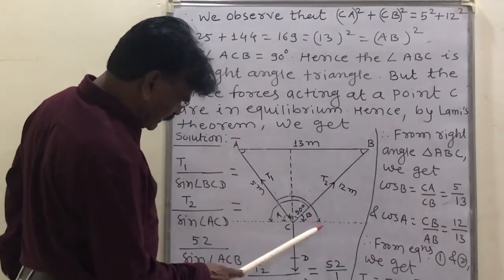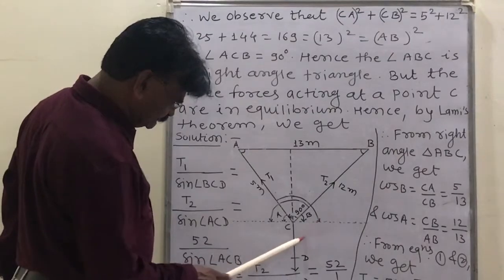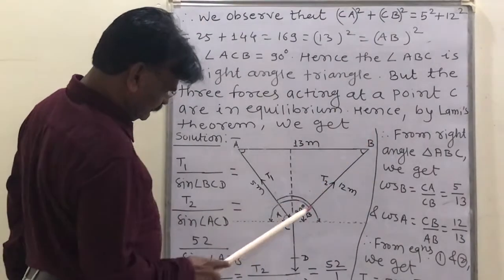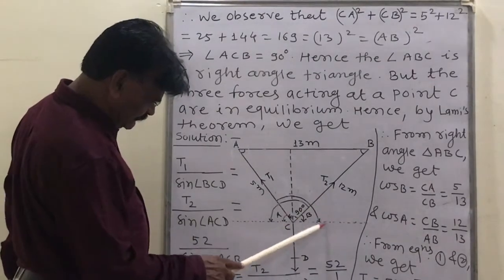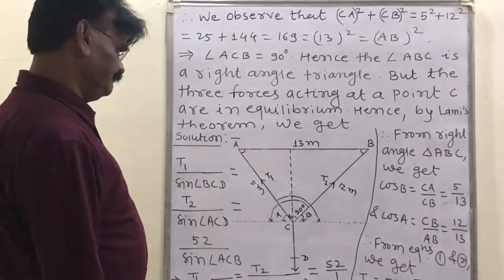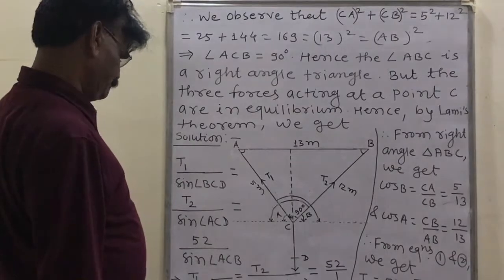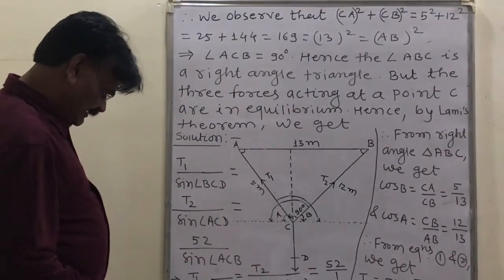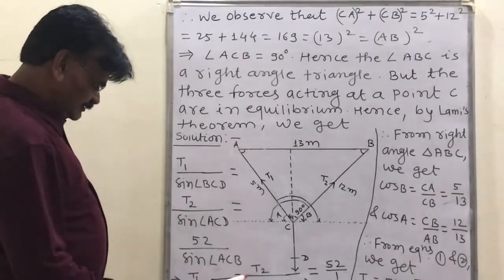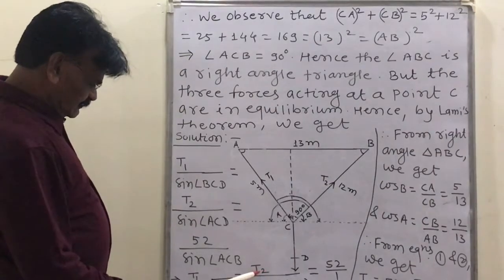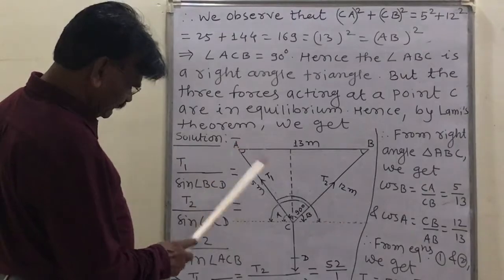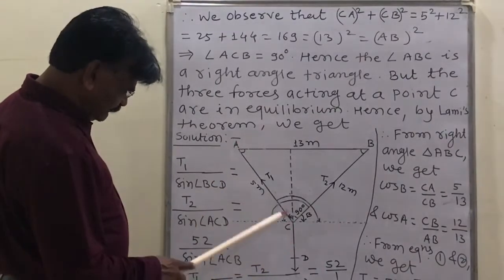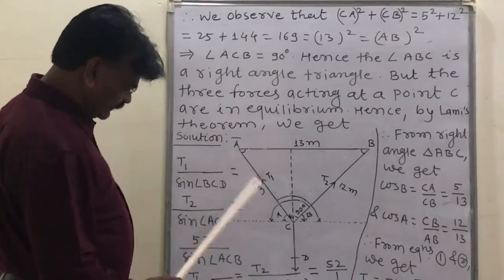This angle B plus this angle BCD, this complete angle is 90 plus B. So write down here 90 degree plus B, which is equal to T2 divided by sine ACD. That means this and this complete angle.